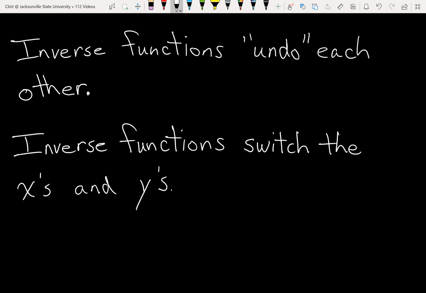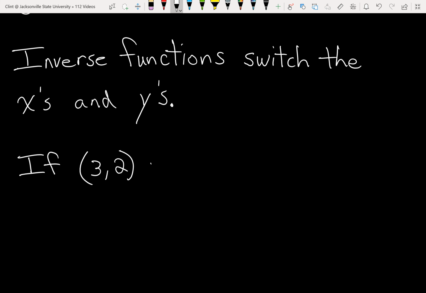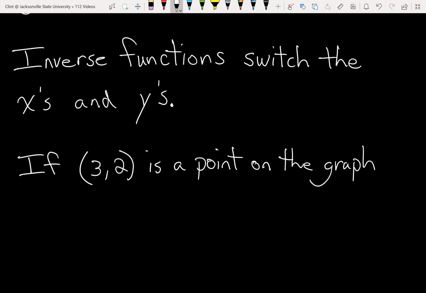So if we have a function, and we have a point on the function, say the point 3, 2, and that's a point on the graph of f, remember with our function here that this is x comma y.